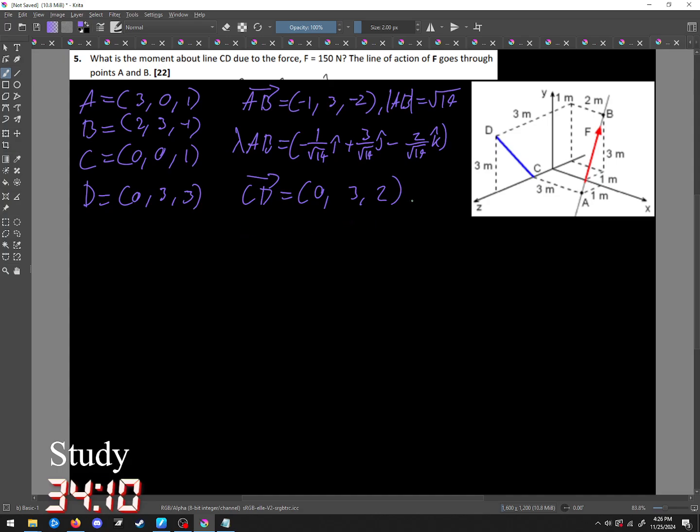And now the magnitude of CD, square root of 3 squared plus 2 squared. Is that going to be the square root of 13?